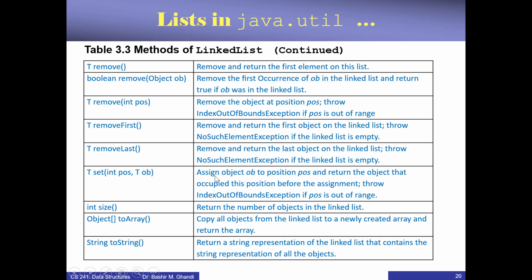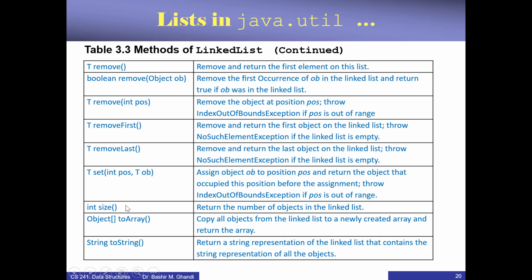Okay, so assign object to position and return the object that occupied this position before the assignment. As you can see, the method is not void actually, so it's going to return the original value that you are replacing. Like the other method with the index, if the index is not valid, of course it will raise an index out of bound exception.